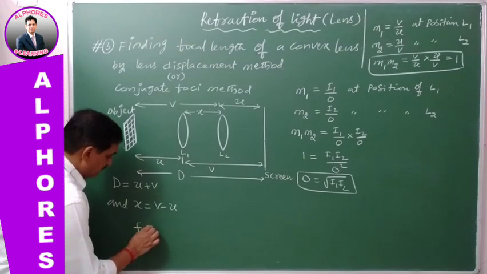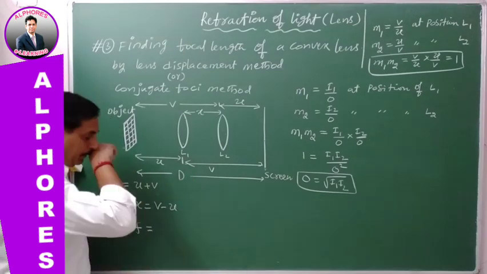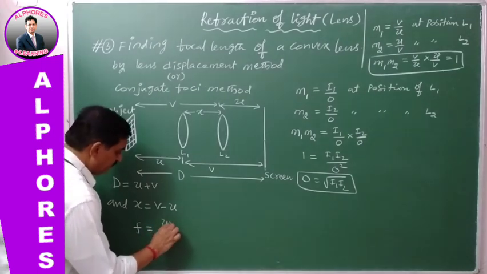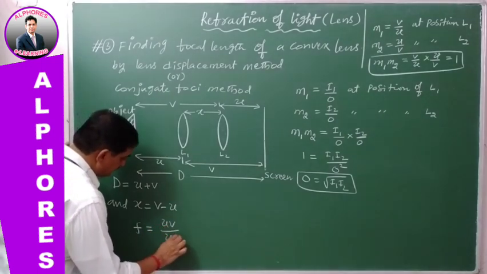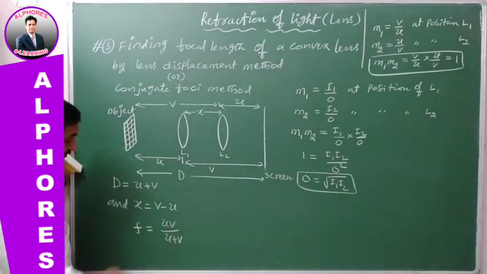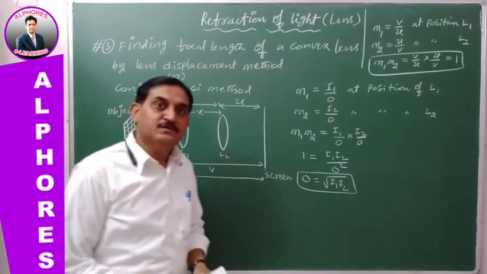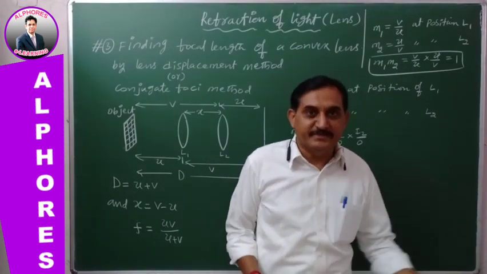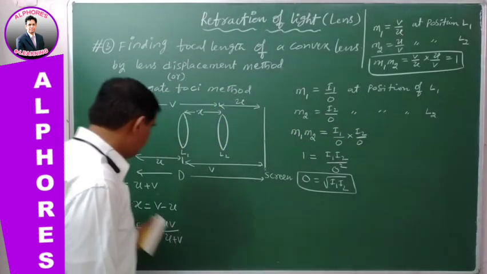Yes, we know the focal length, that is the UV method. The focal length formula is UV by U plus V. This is the focal length formula for the UV method, which we discussed as the second method to find the focal length of the lens. Right?